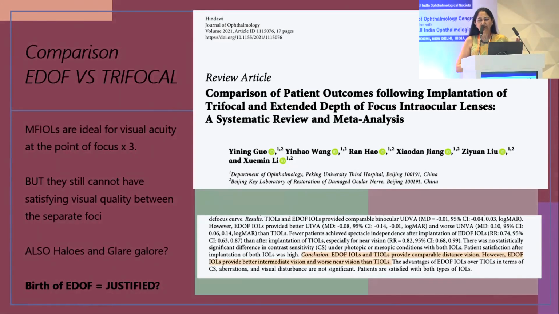So these are a few studies on the comparison of the EDOFs versus the trifocals, in which we've seen that the multifocals are ideal for visual acuity at 3 points: the near, the intermediate, and the distance. But they still cannot have satisfying visual quality between the separate foci. So that's how the halos and the glares are there.